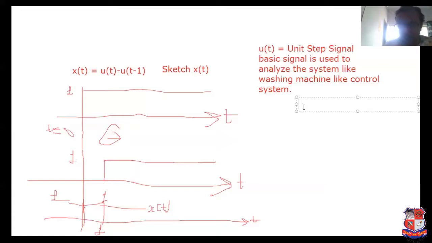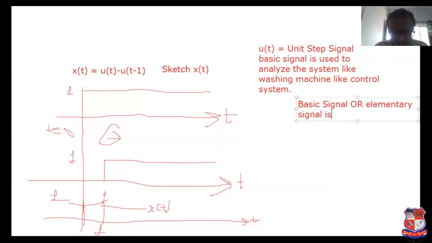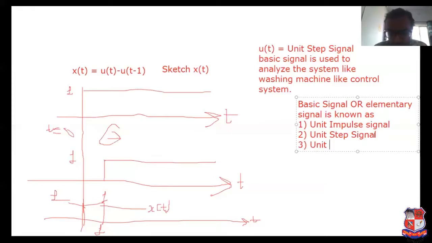But here I am concluding the part on basic signals or elementary signals. Elementary signals are known as the unit impulse signal, the unit step signal, the unit ramp signal, and the parabolic signal.